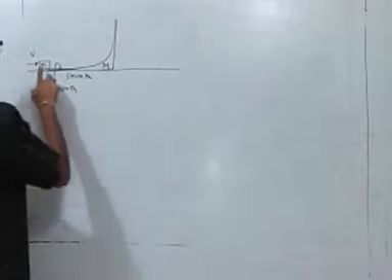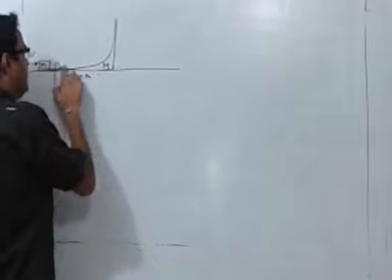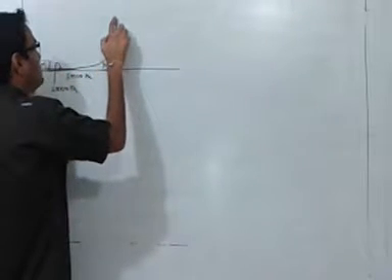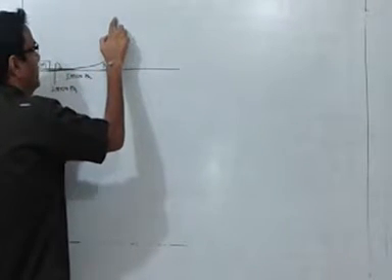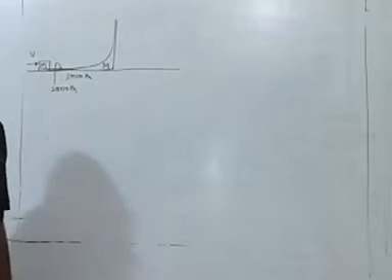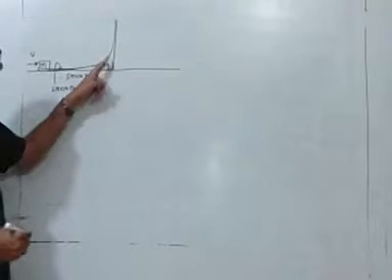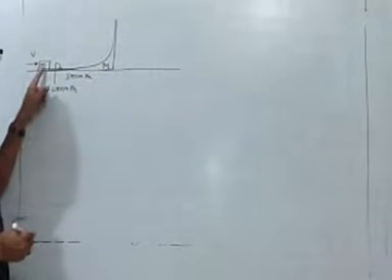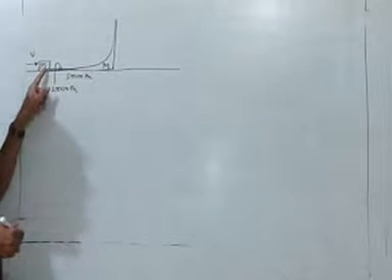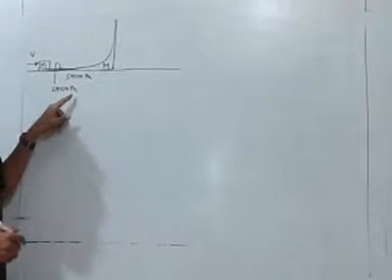We are supposed to find that after the block travels along the ramp and loses contact from the ramp at this particular point, what will be the maximum height attained by the block. Let me define the problem one more time. The ramp of mass capital M, and there is a small block of mass small m which is kept on it. All the surfaces are smooth, there is no friction.